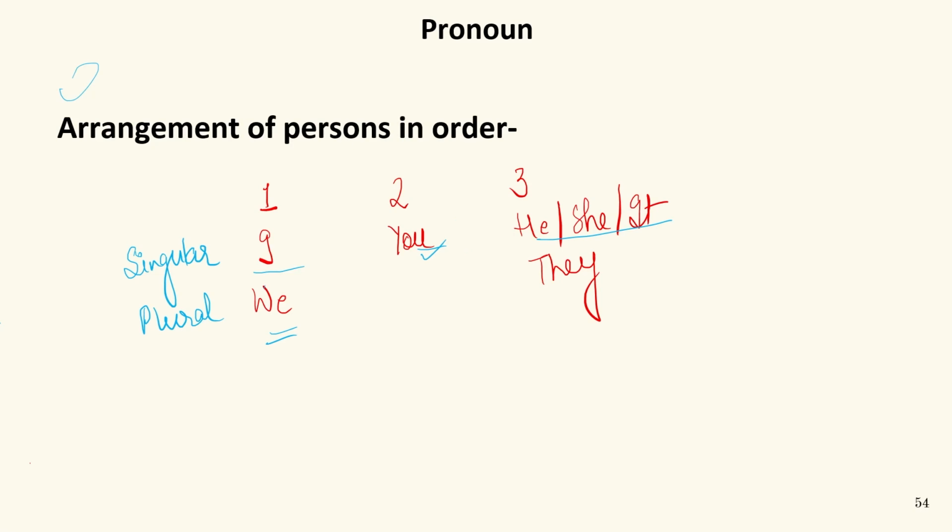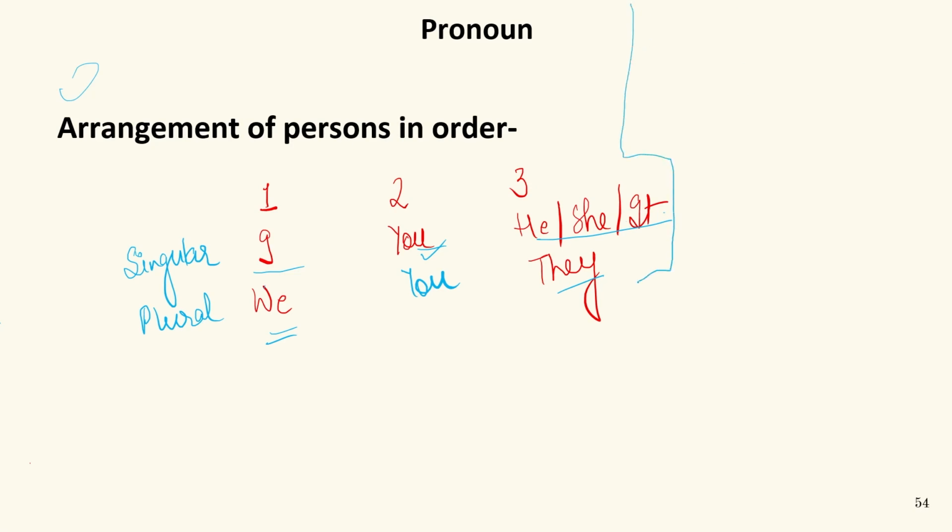If I'm talking to only one person, I can say you are good. But if I'm talking to all of you, again I can say you are good. So in the plural sense as well, we use you. He, she, it are used for a singular person, whereas they is used for plural. Any name like Ram or Rahim can also be considered third person.